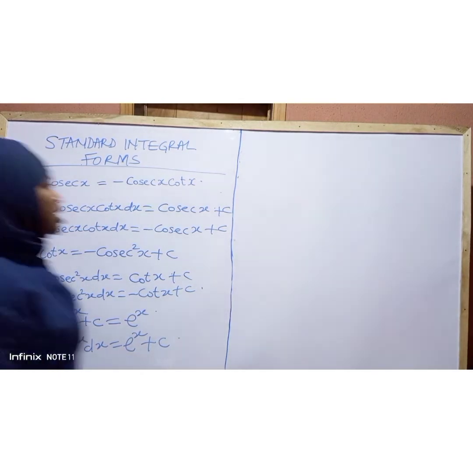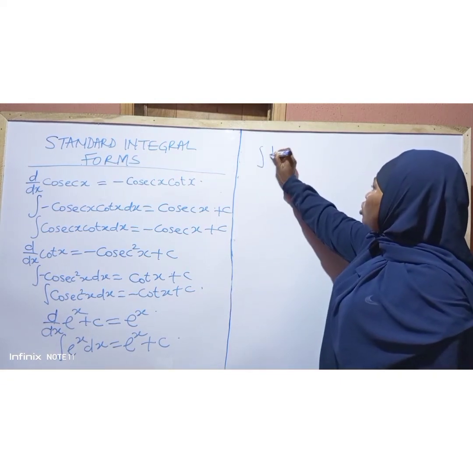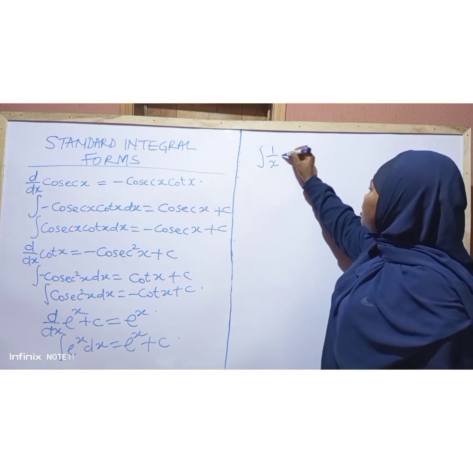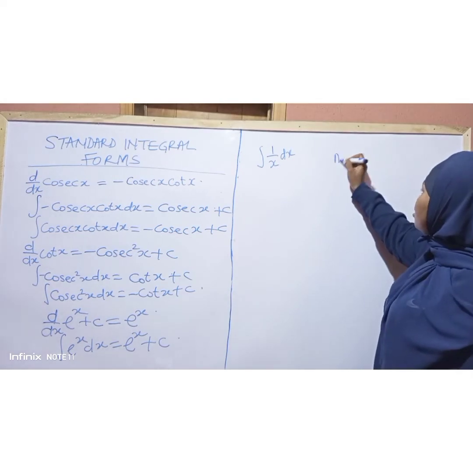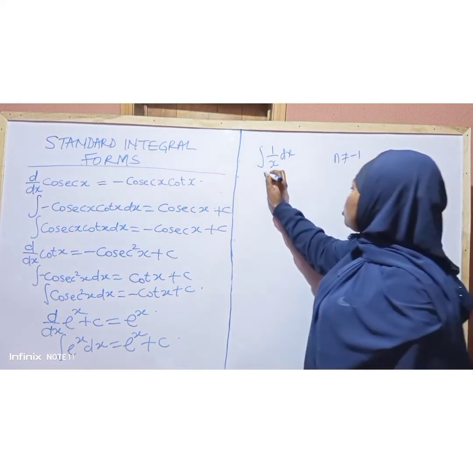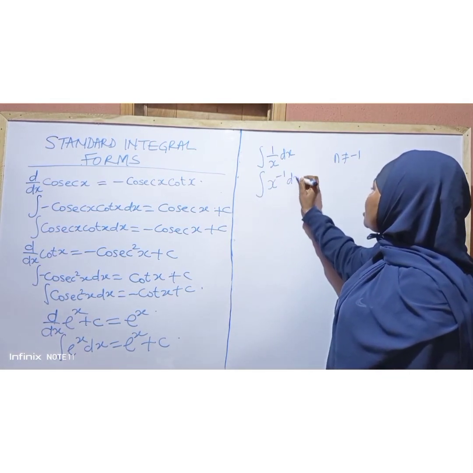So, now, the integral of 1 over x dx. You know, I told you that your n must not be equal to minus 1. If you write this one out, it gives us x raised to the power minus 1 dx.